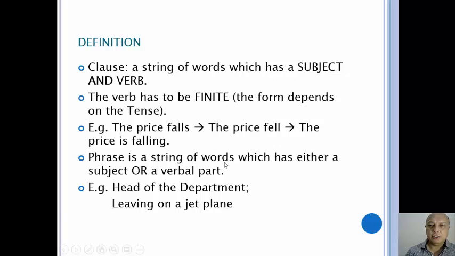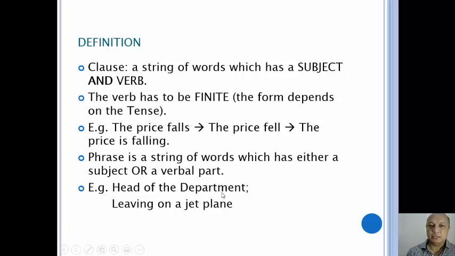Now, a phrase is a string of words which has either a subject or a verbal part. Verbal part means a part which contains a verb. So it has either a subject or a verbal part. For example, head of the department has only a noun, right? There is no verbal part here.